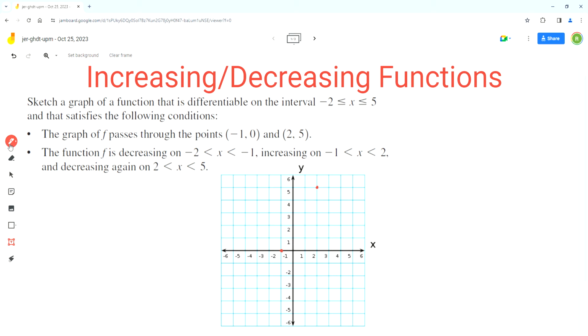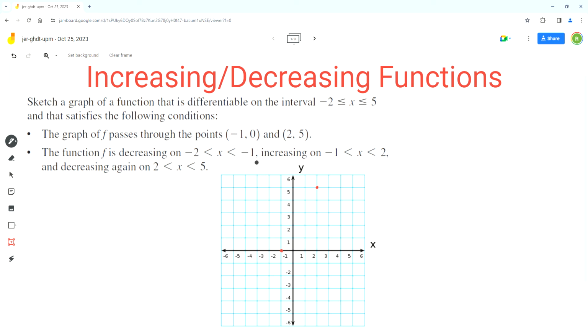Now the next information we are given is the function is decreasing from -2 to -1. If the function is decreasing from -2 to -1, that means the slope of the tangent to the function in this interval is negative.